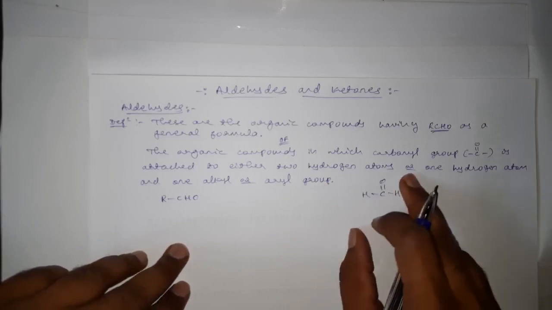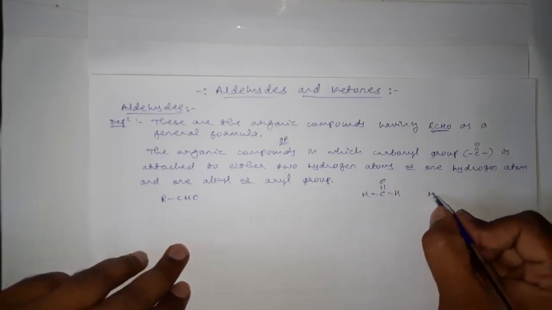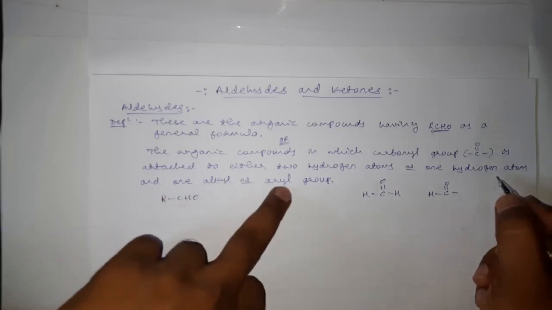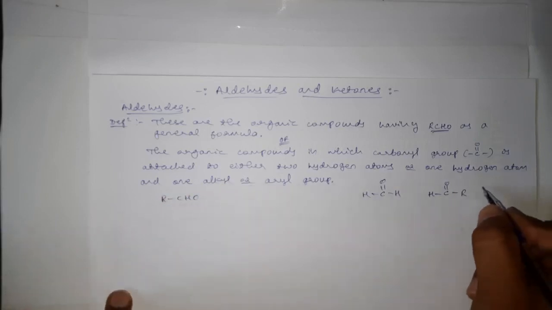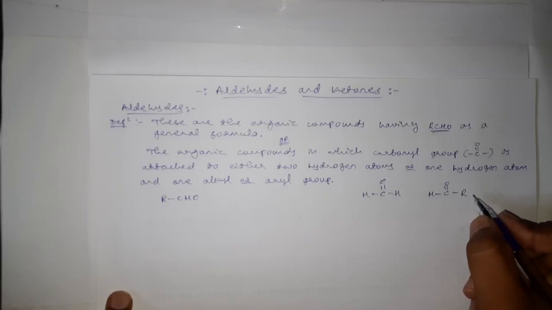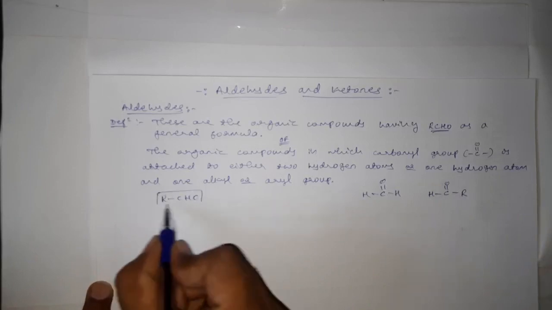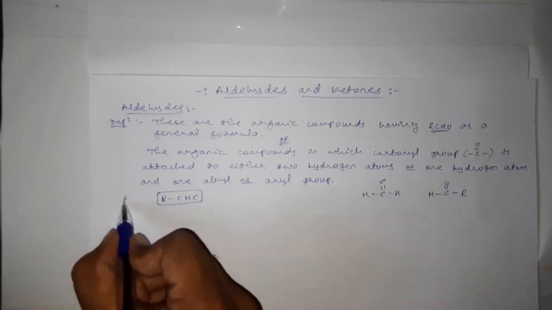Aldehyde. Or one hydrogen, that is HC double bond O, and one alkyl or aryl group. We can write R, maybe an alkyl or aryl group. Then those organic compounds are called what? Aldehydes.